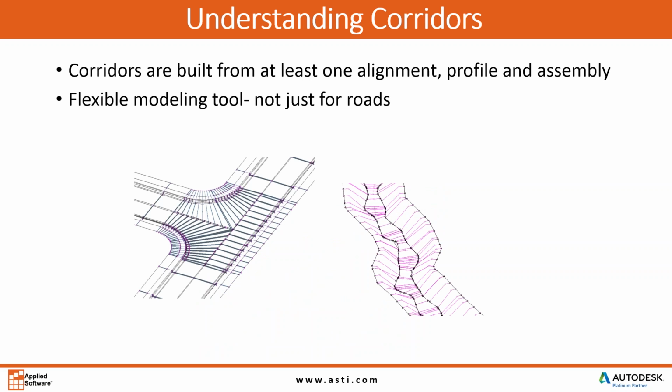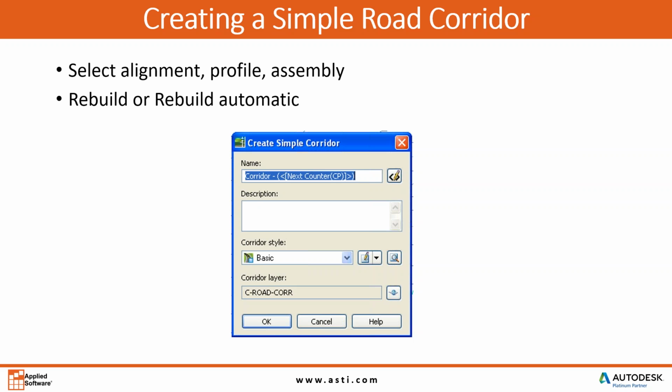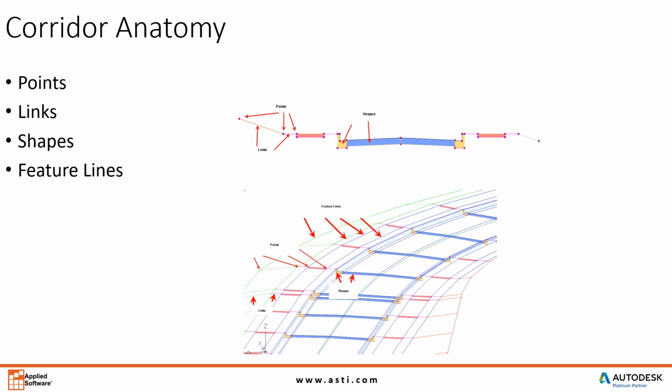Also, now within corridor modeling 2018, we have some really flexible sub-assemblies and tools that we can utilize also. Okay, so simple alignment, profile, and an assembly. We always want to have that on rebuild automatically.